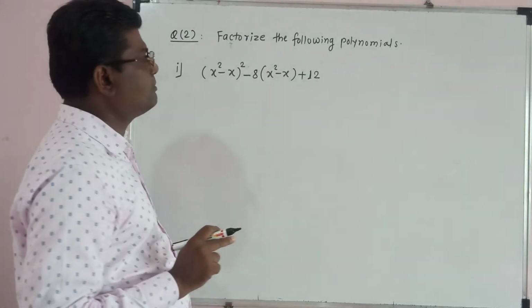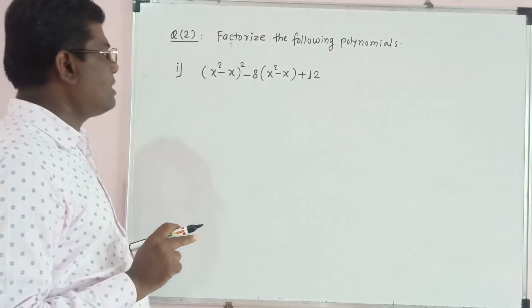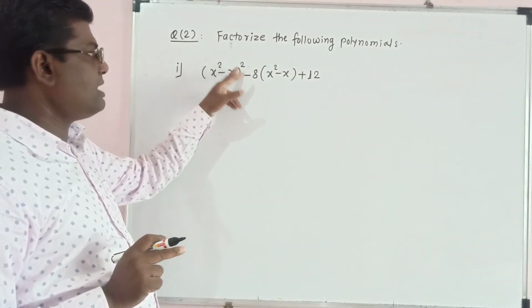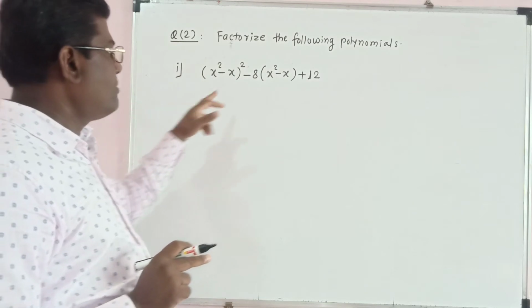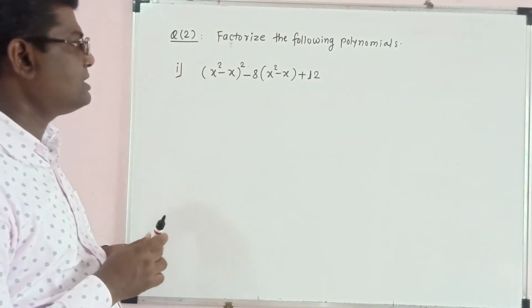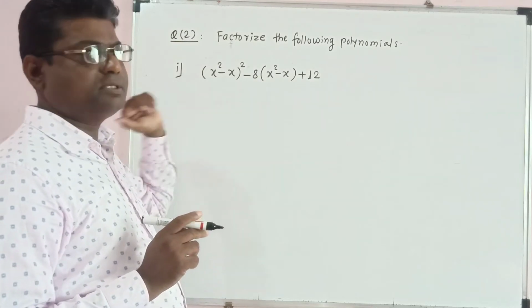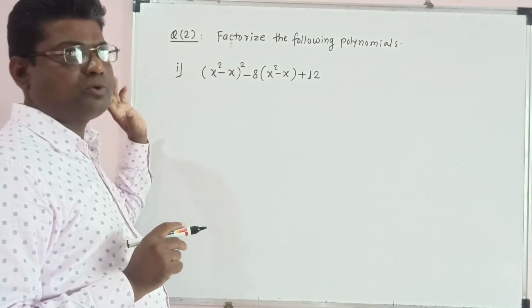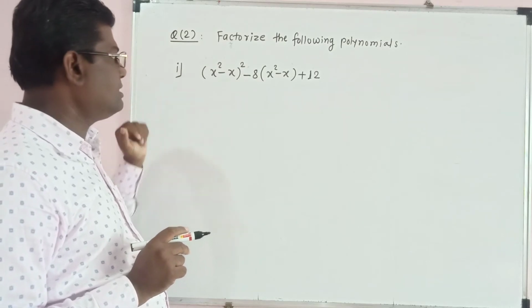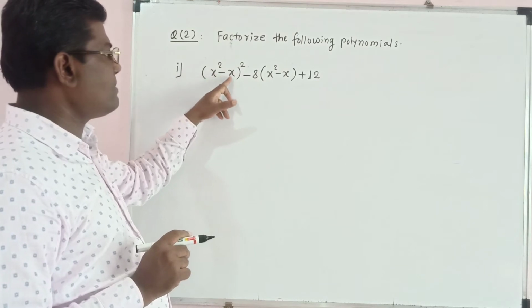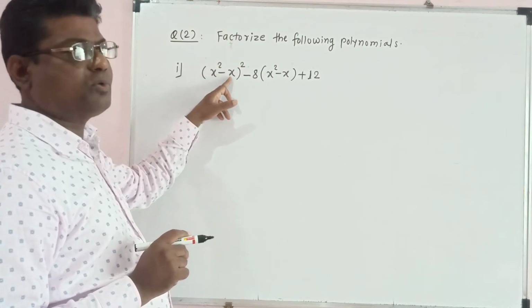Question number 2. Factorize the following polynomials. Example number 1. x square minus x in bracket square minus 8 in bracket x square minus x plus 12. Look at this polynomial. In order to convert it into quadratic form, we have to put x square minus x is equal to m.